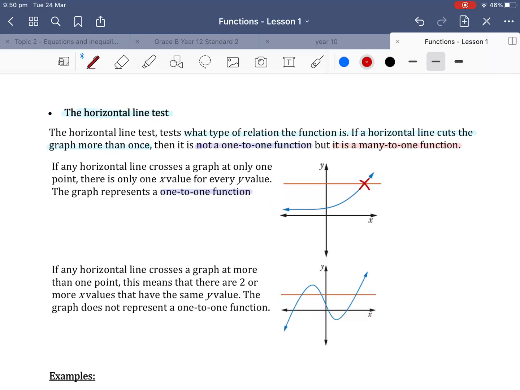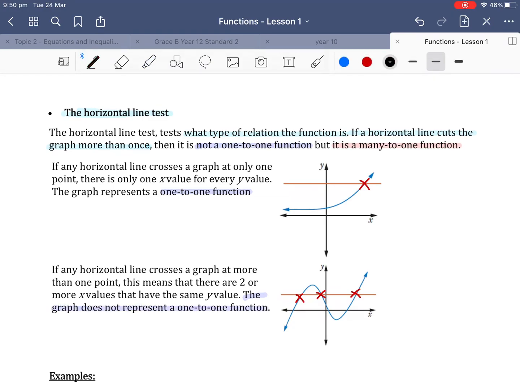Okay? If any horizontal line crosses the graph at more than one point, like here, here, and here in this example, this means that there are two or more x values that have the same y value, and the graph does not represent a one-to-one function.